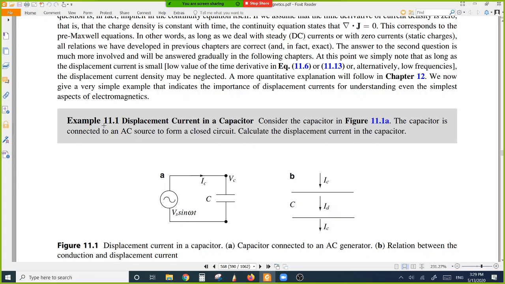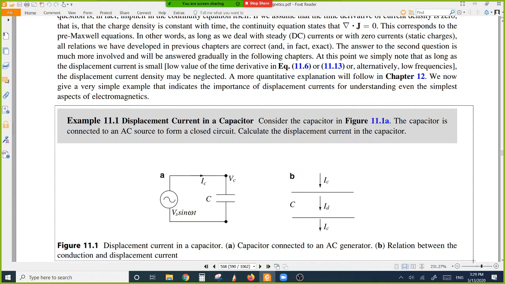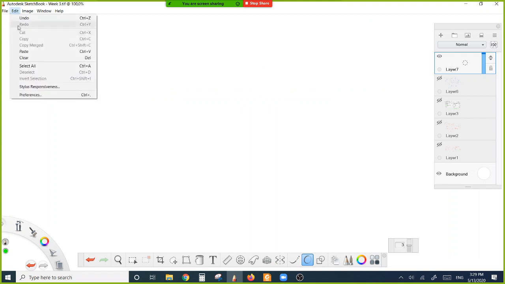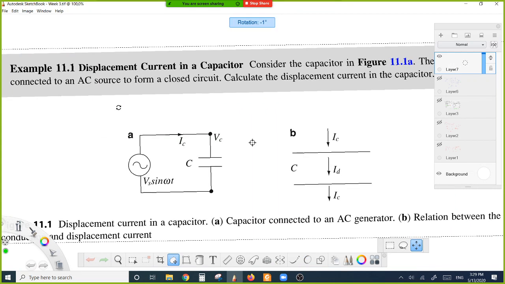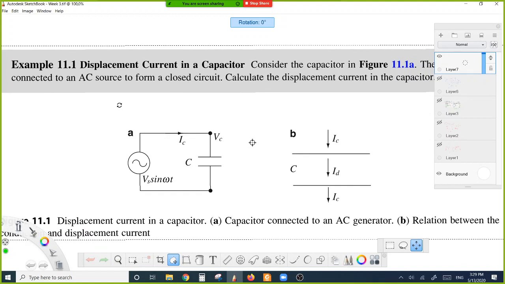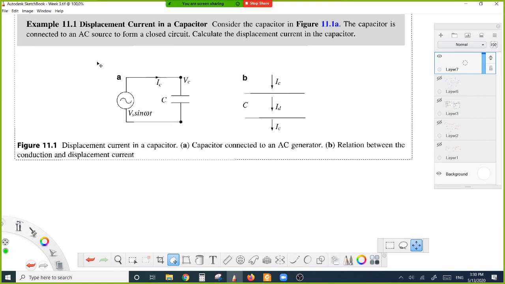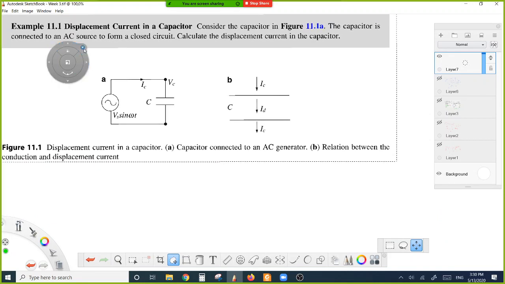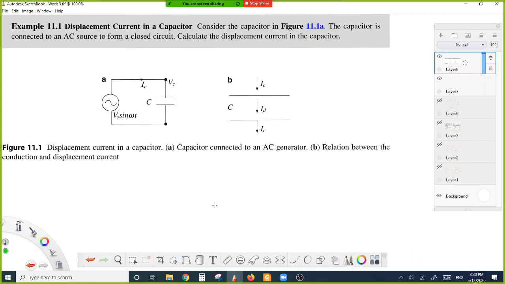Okay. Displacement current in a capacitor. So we are given a capacitor connected to a voltage source of alternating current.